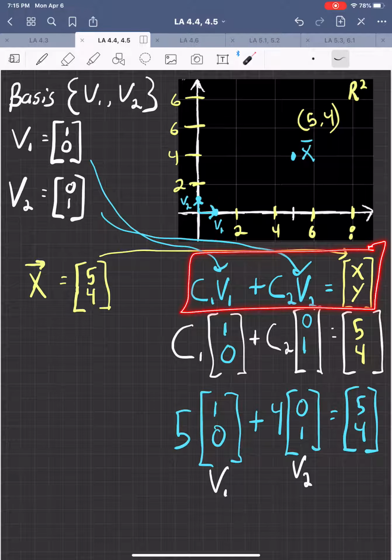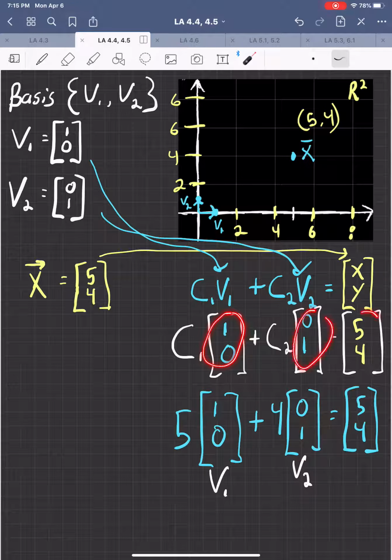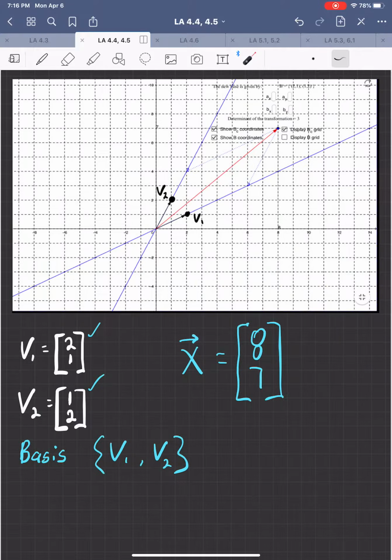Just like we can use these vectors to get to the point 5, 4, we could use these vectors to get to any point we want in R2. If these are a basis, then we should be able to use these two vectors to get to any point that we want in R2 space. More specifically, to appease our middle school teacher, we need to get to the point 8, 7 using our new basis vectors.